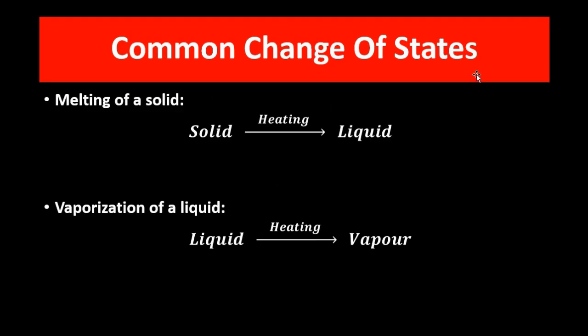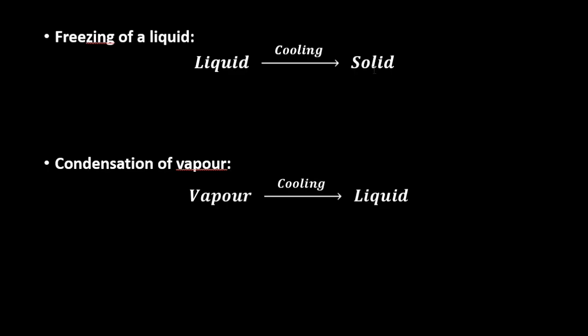Common changes of state: solid changing into liquid through heating is called melting of a solid; liquid changing into vapor through heating is vaporization of a liquid; liquid changing into solid, the reverse, through cooling, is called freezing of a liquid; and vapor changing into liquid through cooling is called condensation of vapor.